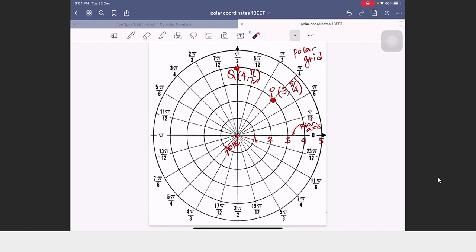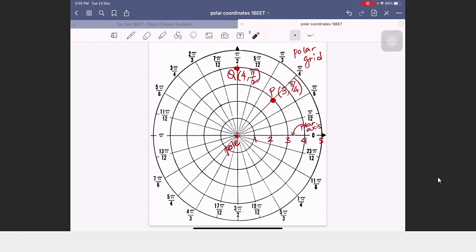Similar to here also, (4, pi over 2) is not the only coordinate that represents this location. You also have other coordinates that represent this location.